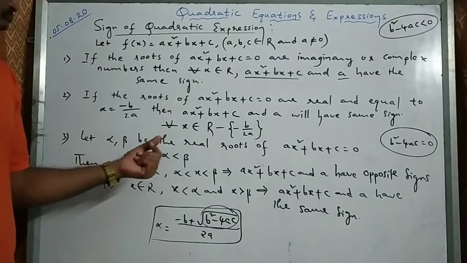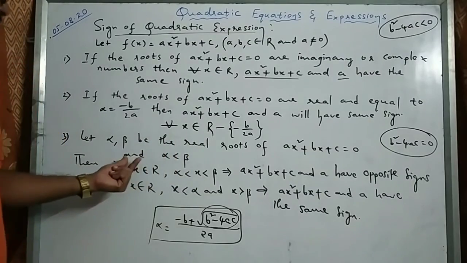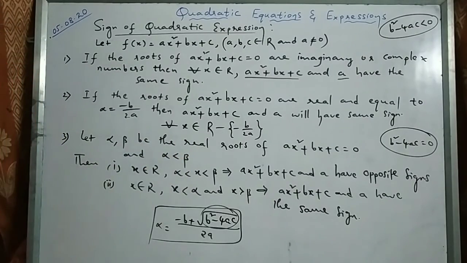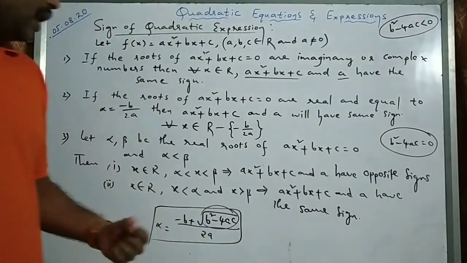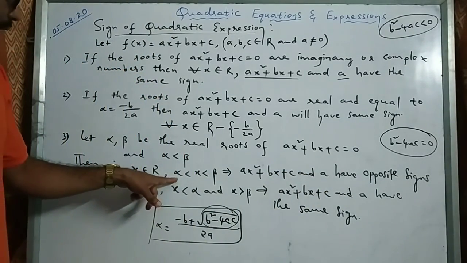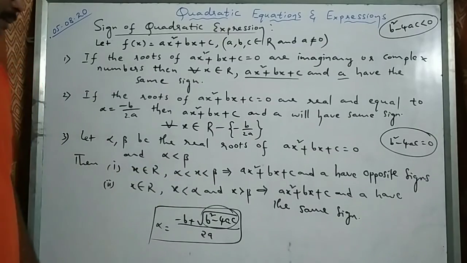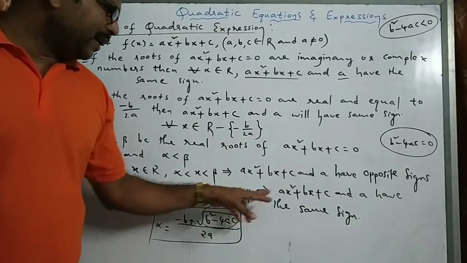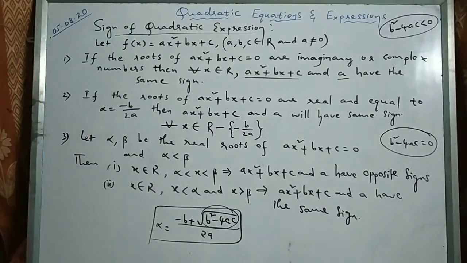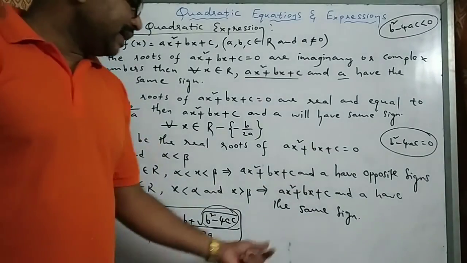Whenever we have two real roots, and alpha less than beta, ax square plus bx plus c and a have opposite signs if alpha less than x less than beta. If x less than alpha or x greater than beta, ax square plus bx plus c and a have the same sign.